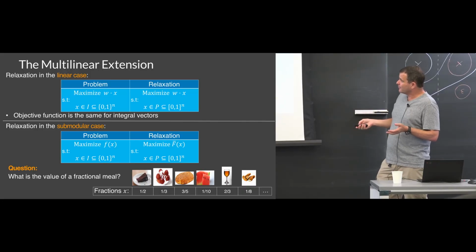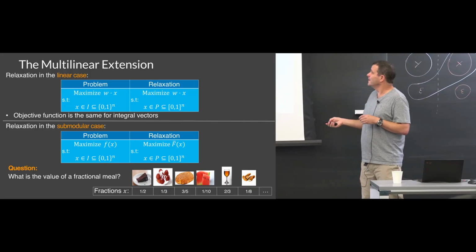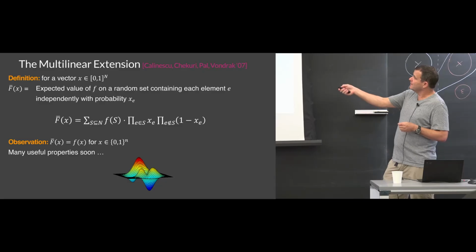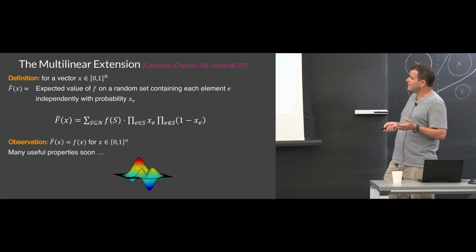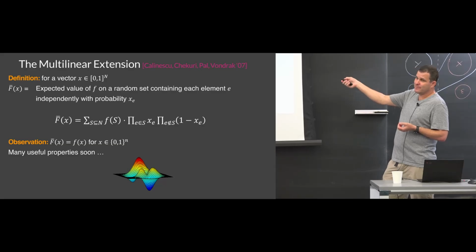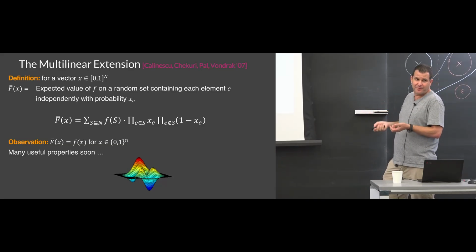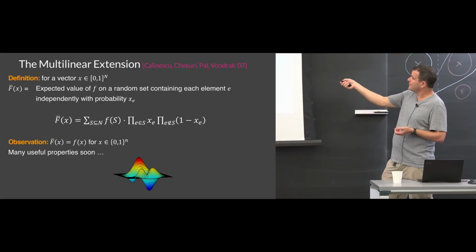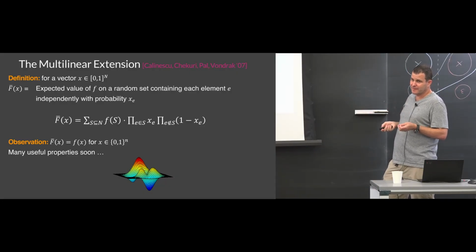There are several answers to these questions, and they are quite good in certain problems. But the most useful one for submodular maximization is known as the multilinear extension. So what is the multilinear extension? You simply select each element, each dish, independently with exactly the probability given by its fraction, and then you take the expected value of this random set.